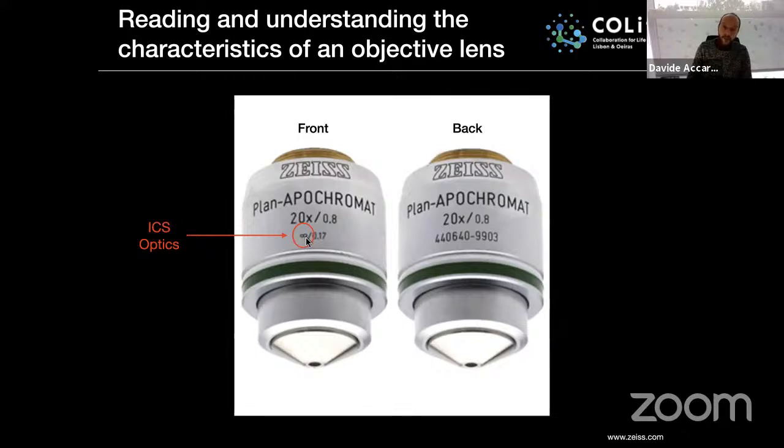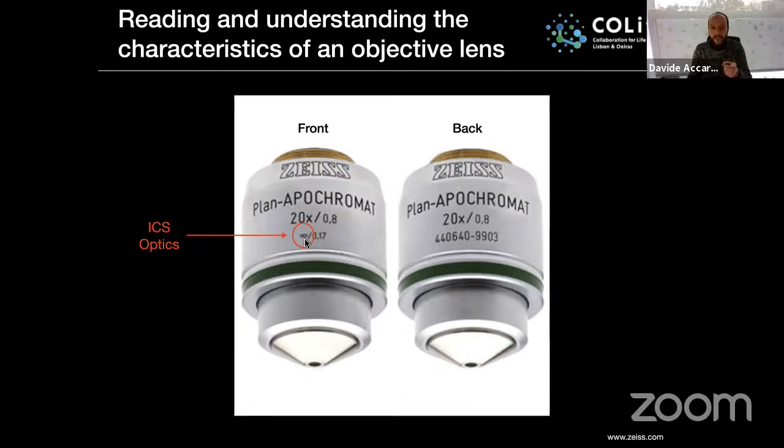This is not the only possibility that you have for a lens, but there are lenses that do not have infinity tube lens, but finite tube lenses. And then instead of infinity, you will have here a number. The most common number is 160, which is 160 millimeters.